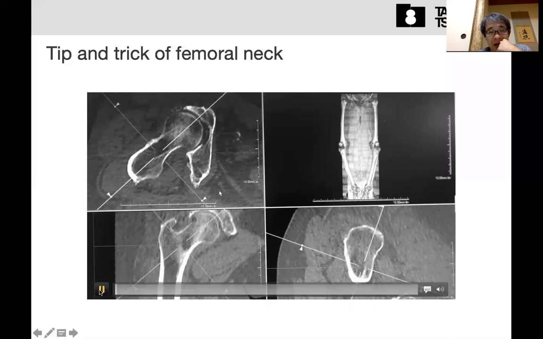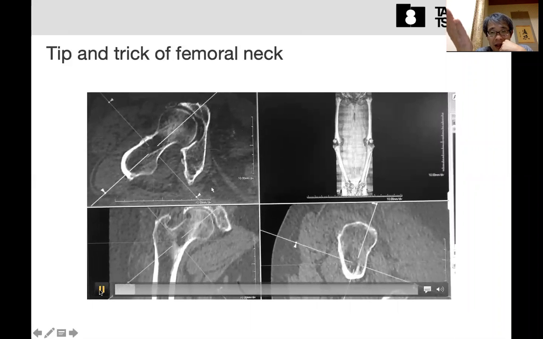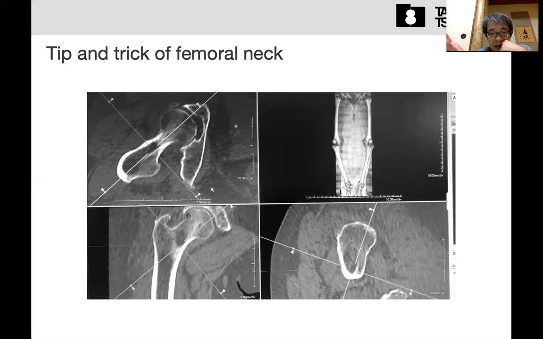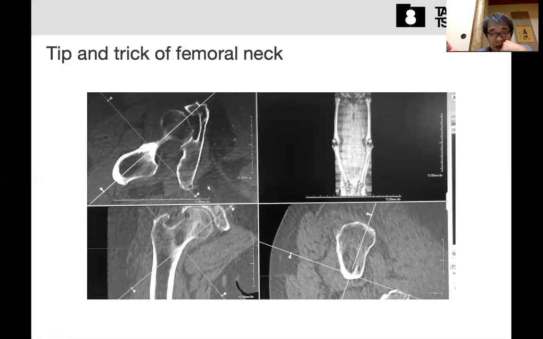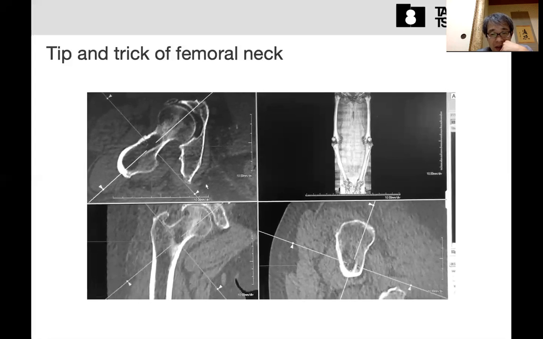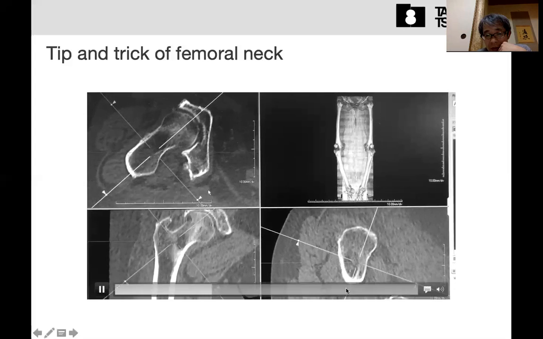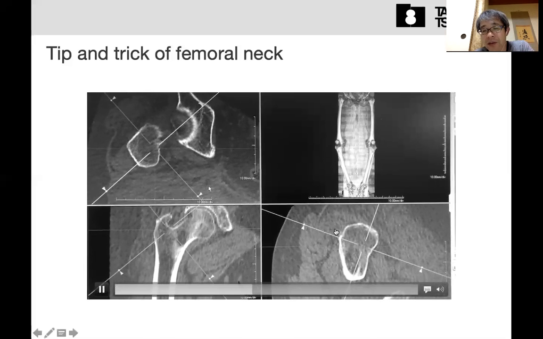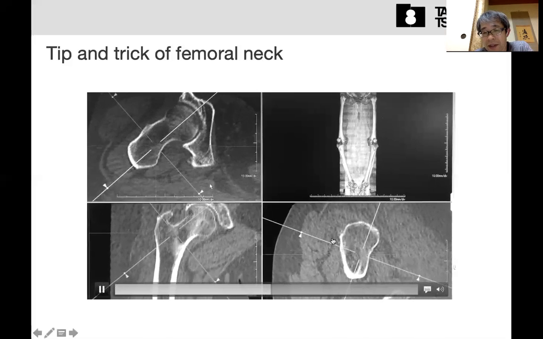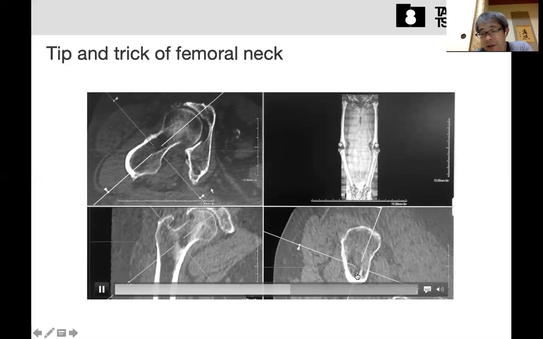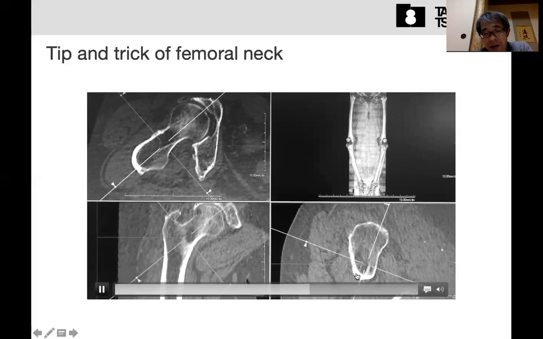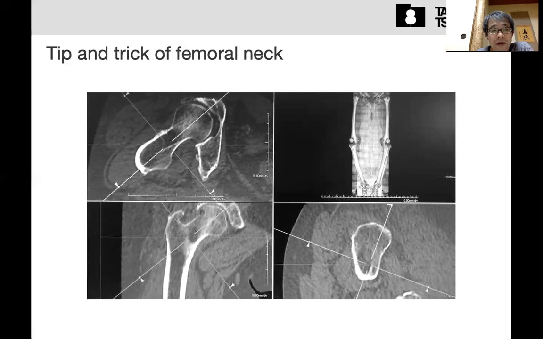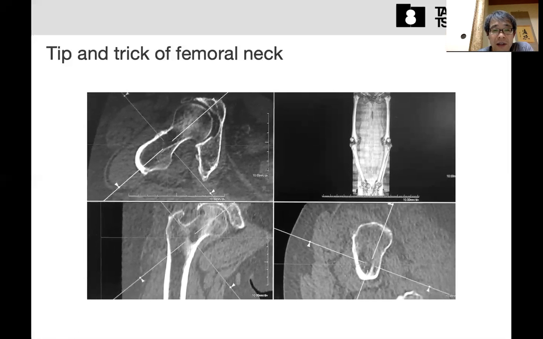But if the slice is going down, it comes to the center of the femoral neck. So in other words, the bottom of the femoral neck is not the center of the femoral neck. It's slightly posterior. So it is quite natural.